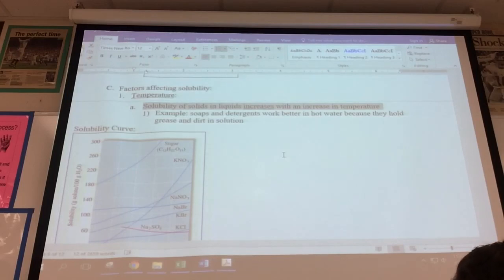So what we're going to do in this case is we're going to take a look at the effect of temperature on solubility. And I want to take a look at it a couple of different ways. And I want to keep it very simple initially so that you can understand it.